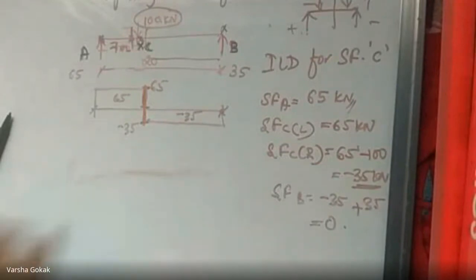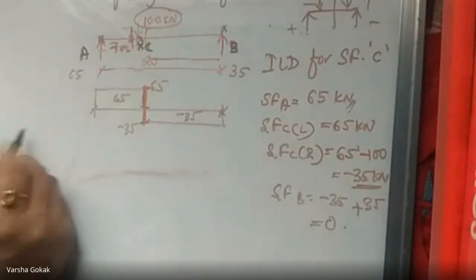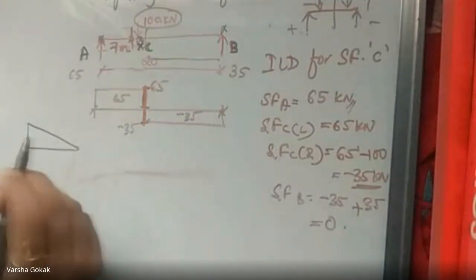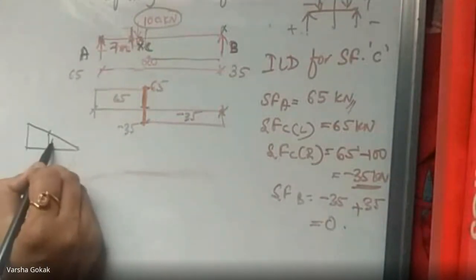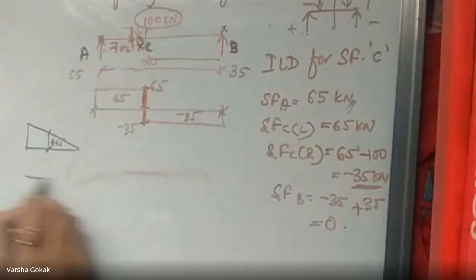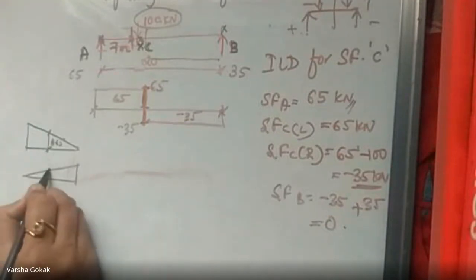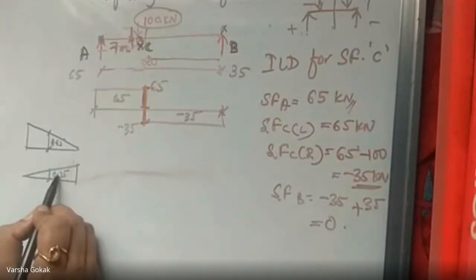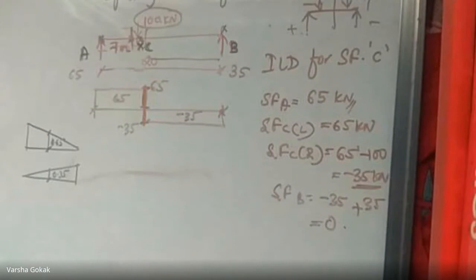I erased it, but I will draw it here. ILD at A, you drew it like this. Correct? And you got a 0.65 here. And ILD at B, you drew it like this with 0.35. And I know that this 0.35 ILD at B has to go into negative.